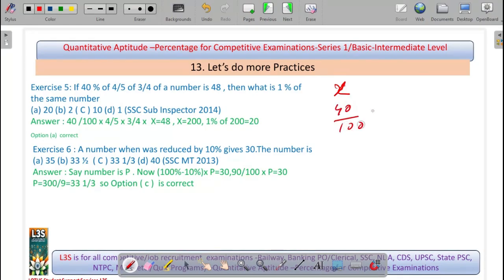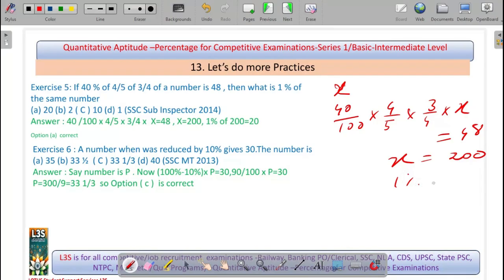So 40% of 4 by 5 of 3 by 4 of a number x equal to 48. Now if we simplify it, we'll get the value of x will be 200.